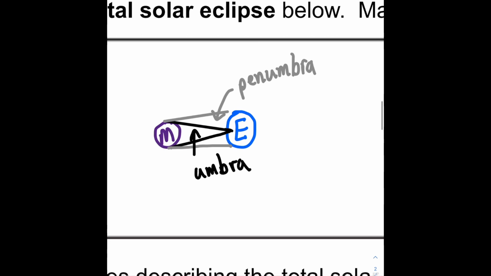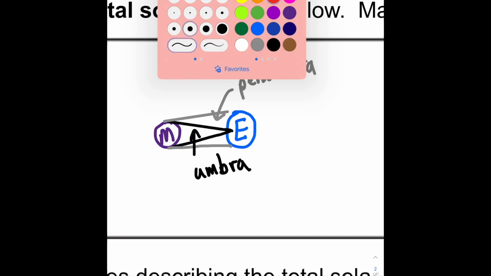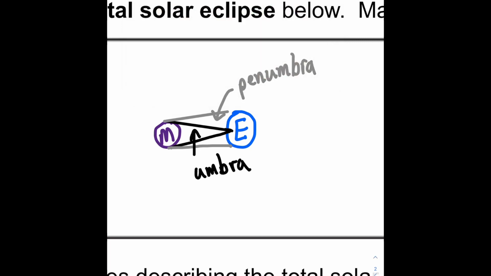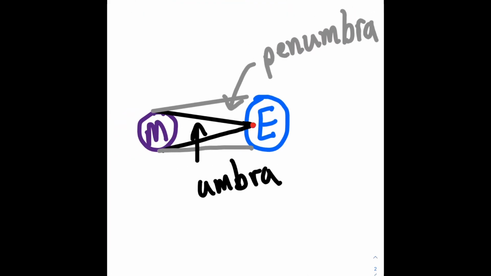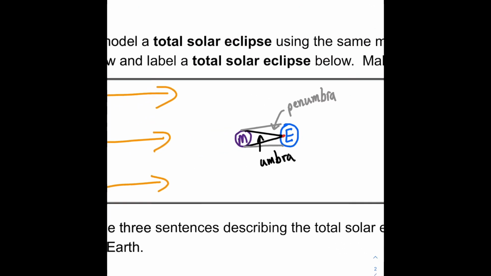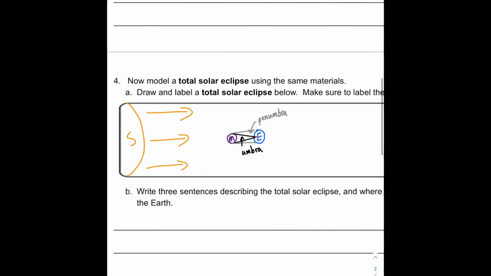And that total solar eclipse is happening just right here. And I'll go ahead and put a red dot where the total solar eclipse is happening. And that's the only place the total solar eclipse is happening, is where that red dot is. So this would be a model of the total solar eclipse.